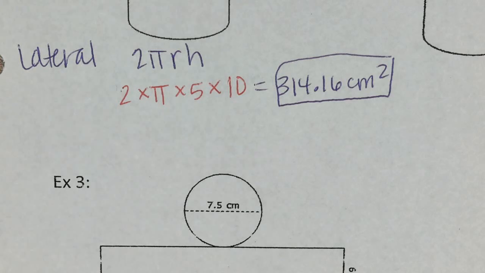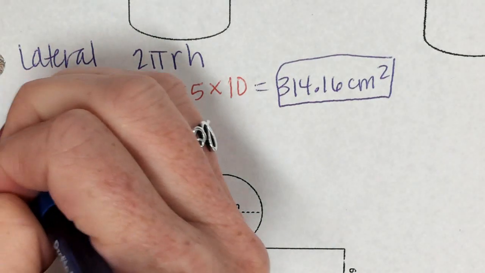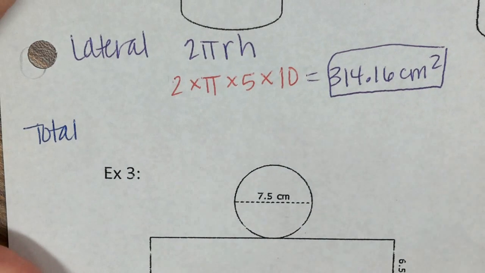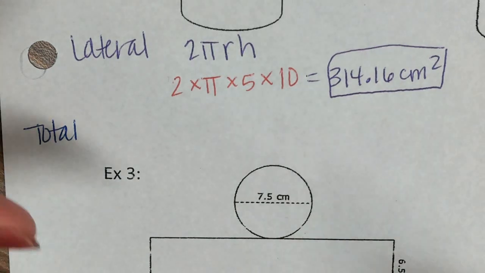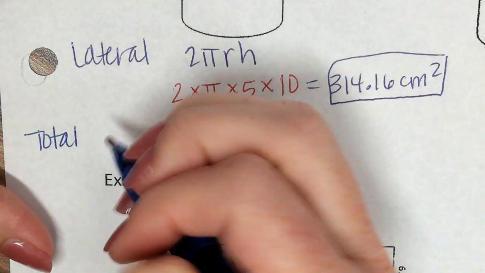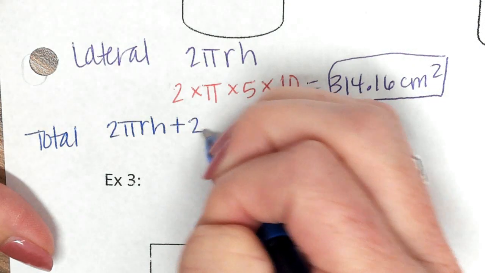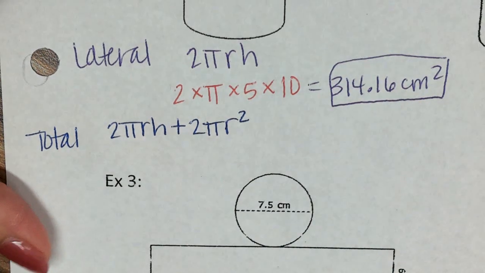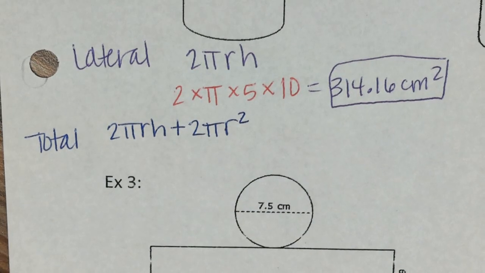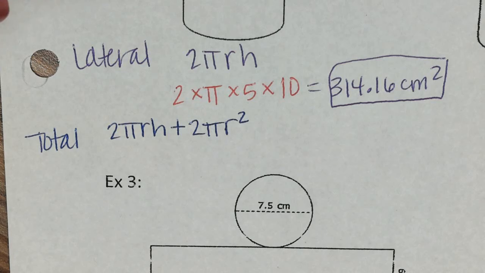Now let's find total from the same thing. What is my formula for total? 2 pi r h plus 2 pi r squared. I still already have my r and my h, so I just plug it in. Some of you need to wake up and pay attention.